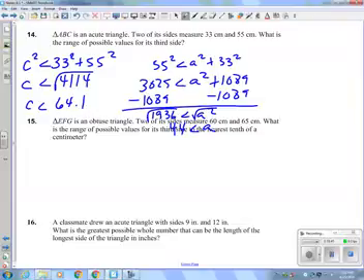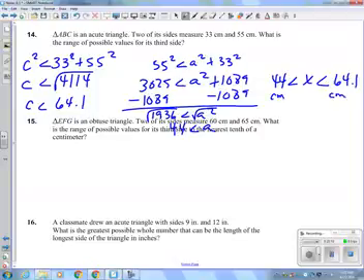So what this is telling me is somewhere between 44 and 64 are all the numbers that can work for either A, B, or C to come out to be an acute triangle. So 44 is less than my side, which is less than 64.1. Those are the measurements that it would have to fall between.